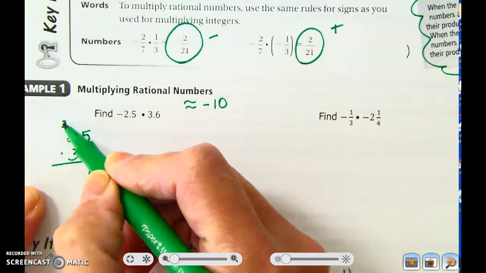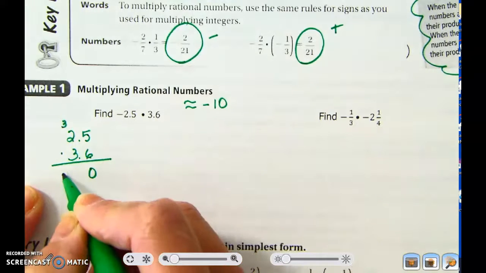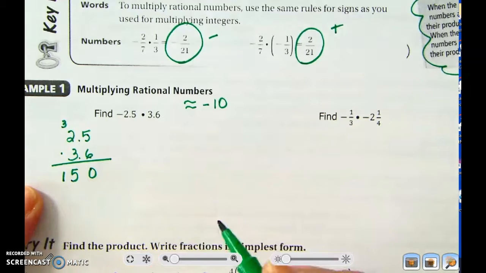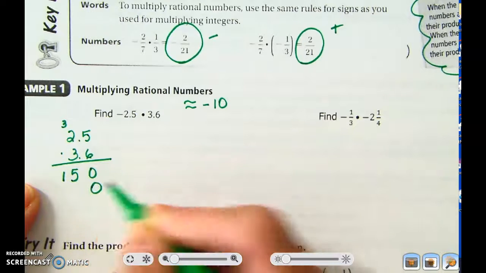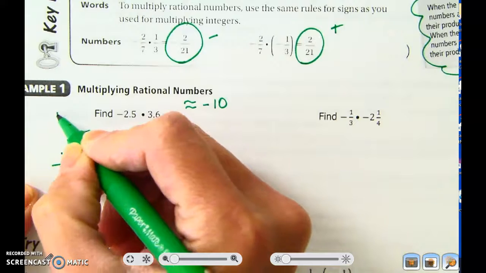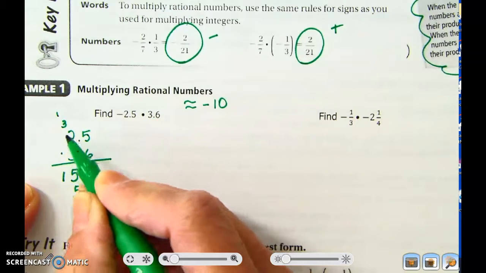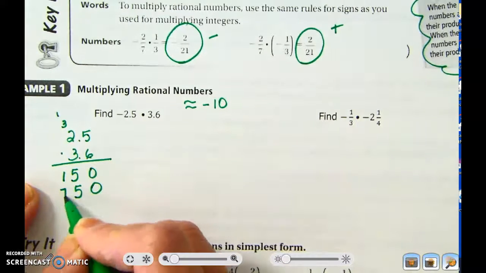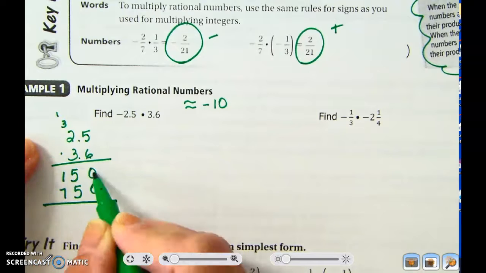Add the 3, 13, 14, 15, and we write 15 down. We need a 0 for a placeholder. Then 3 times 5 is 15. Regroup that 1. 3 times 2 is 6. Plus 1 is 7.